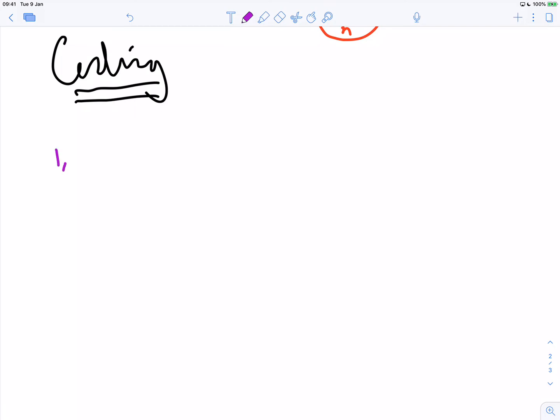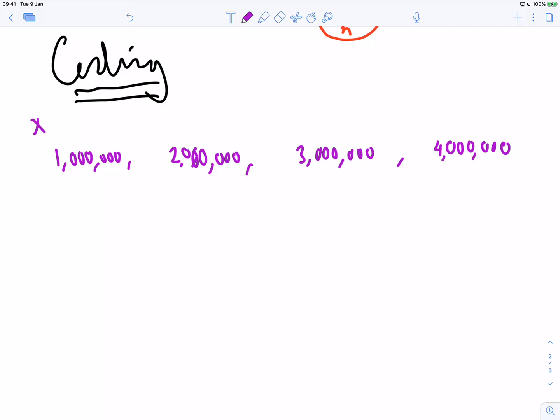Let's say I've got 1 million, I've got 2 million, I've got 3 million, and I've got 4 million. Now these are all big numbers. Let's say this is my data set X. Then I could introduce a coding, let y equal x divided by a million.